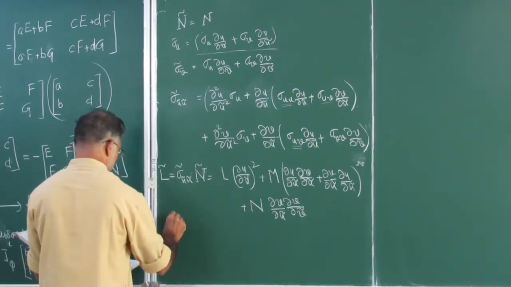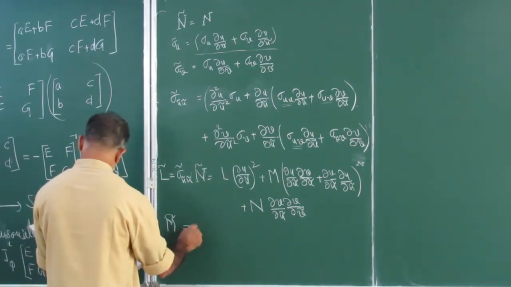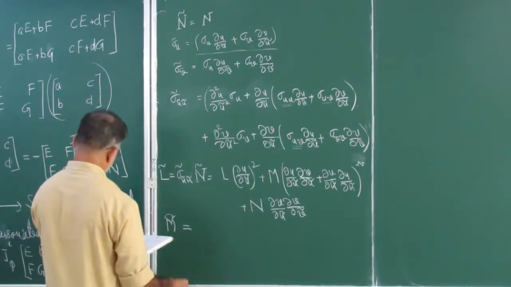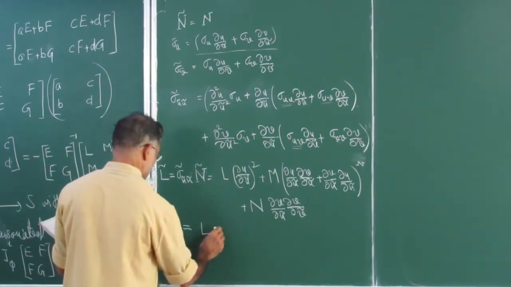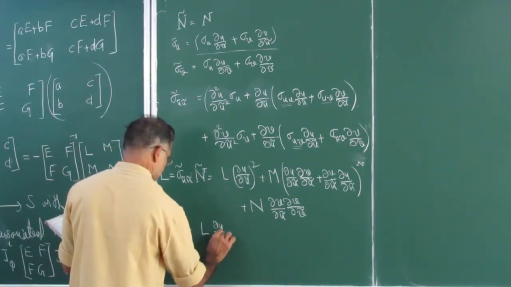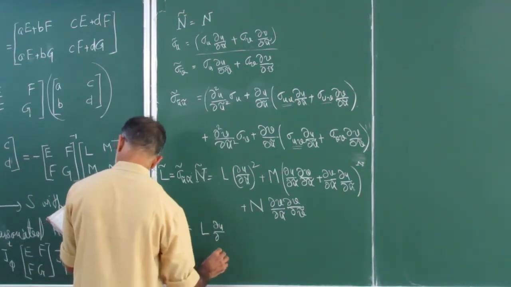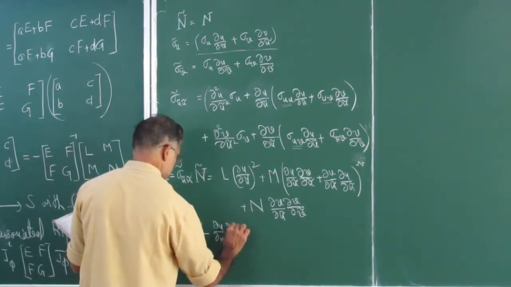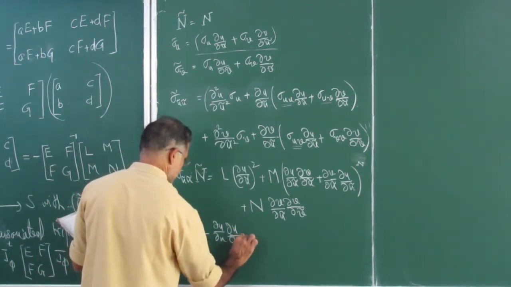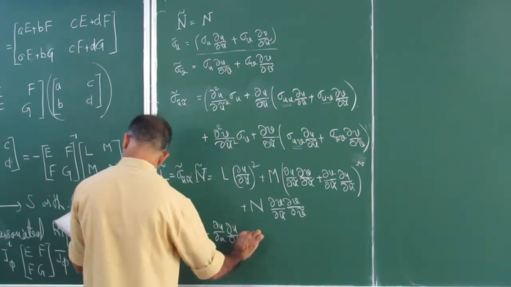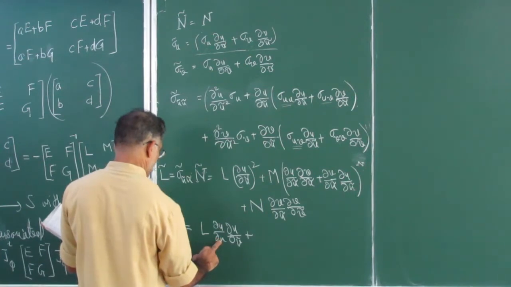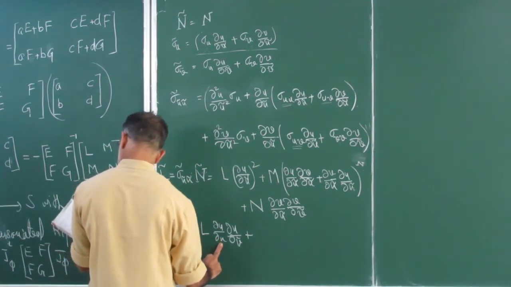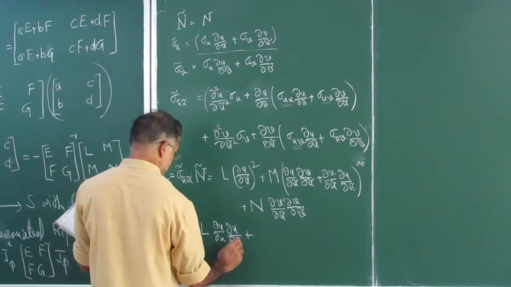So your M tilde is going to be computed here: L du by du tilde, du by dv tilde, plus du by du tilde, du by dv tilde.